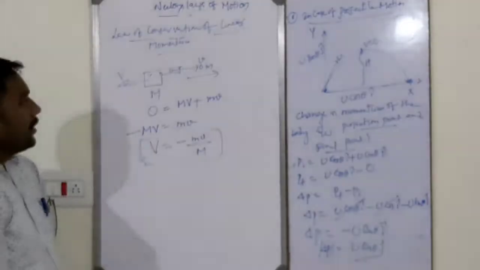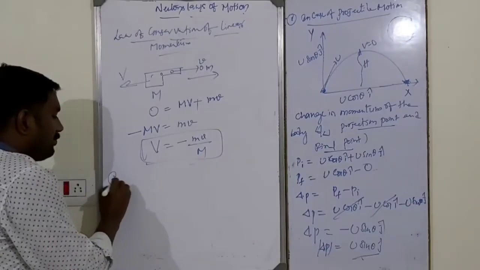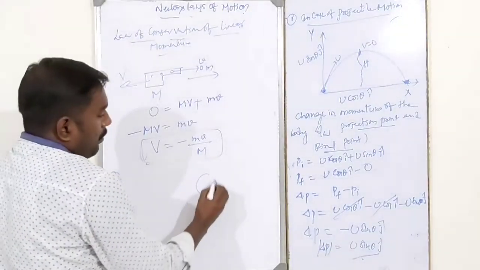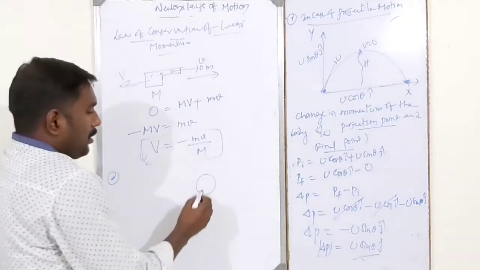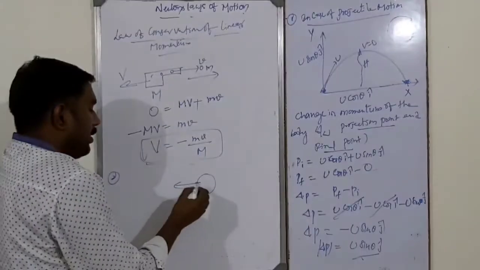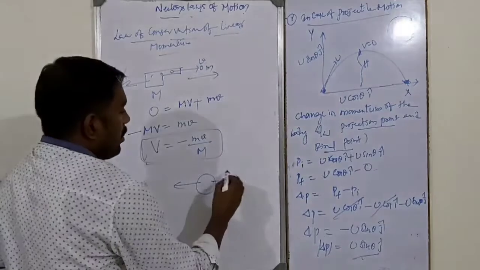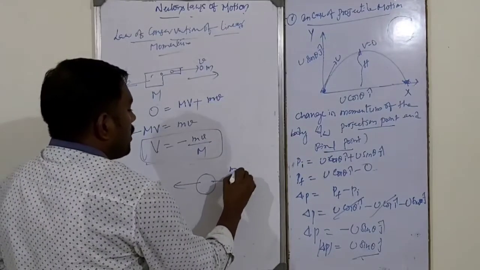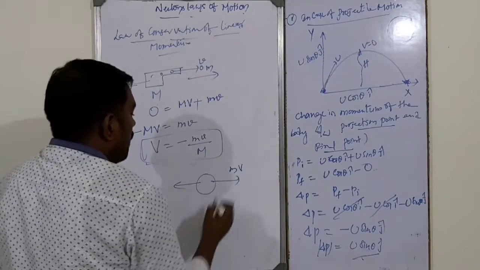Next, suppose this is a bomb. The bomb explodes and breaks up into two parts. One part of mass m moves with a velocity v.